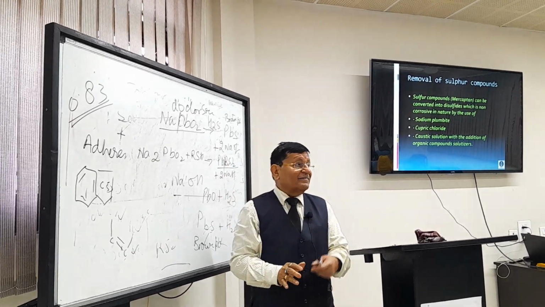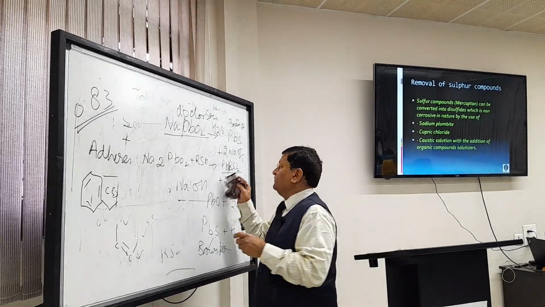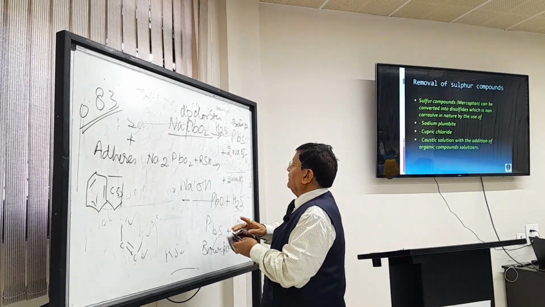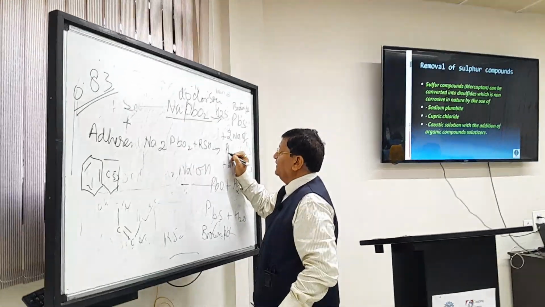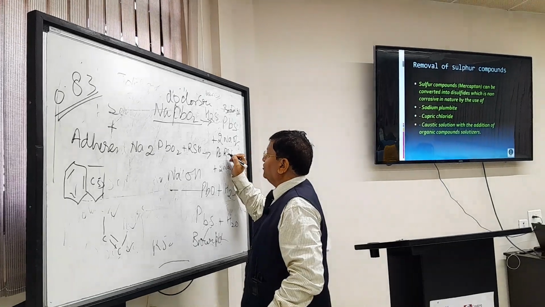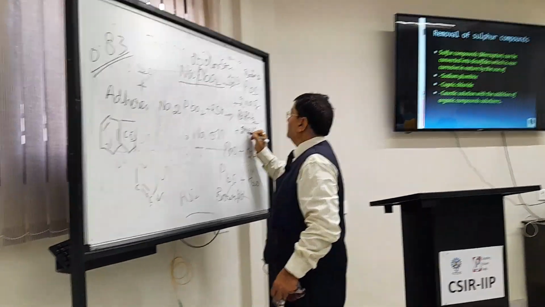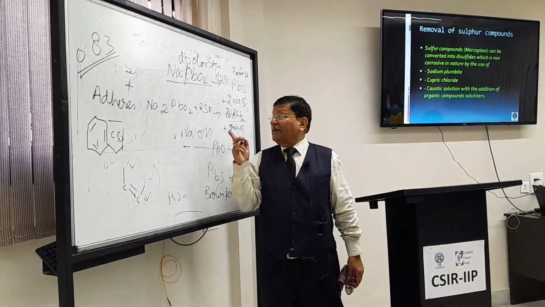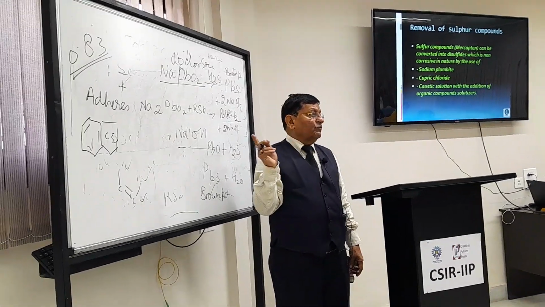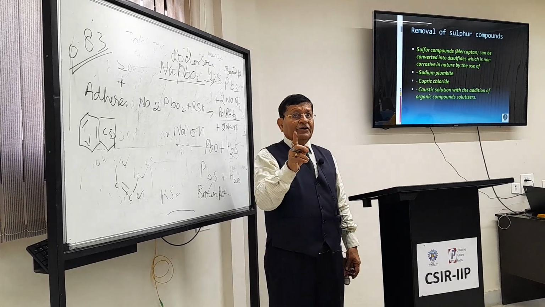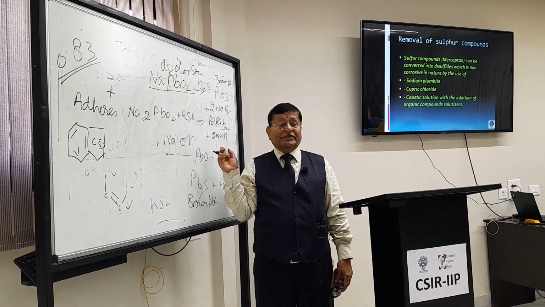Pb(RS)2 is lead mercaptide. So it will also precipitate. Pb(RS)2 is lead mercaptide. Correct? But this is not brown. But it will also precipitate. Mercaptan will not give you the brown test with doctor solution.